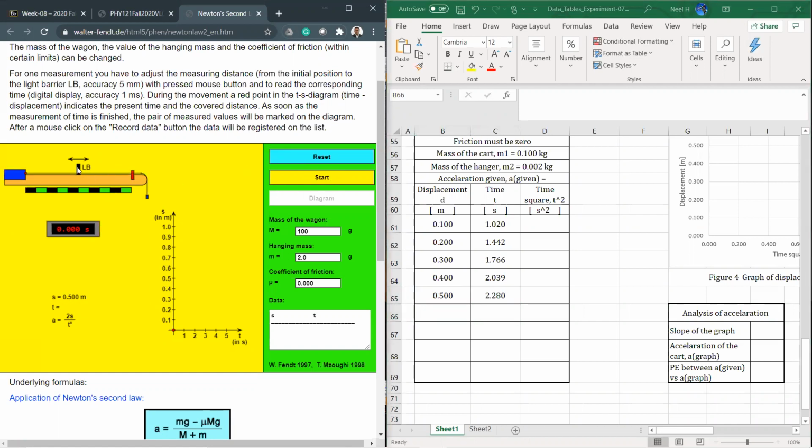Reset, 0.6. Now you have to drag to the right. Start. For 0.6 displacement, time is 2.498. Next one is 0.7. Reset. Click the LB and drag in the rightward direction. Now I need 0.70.